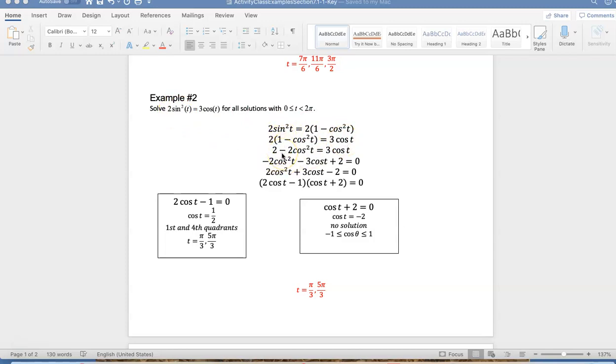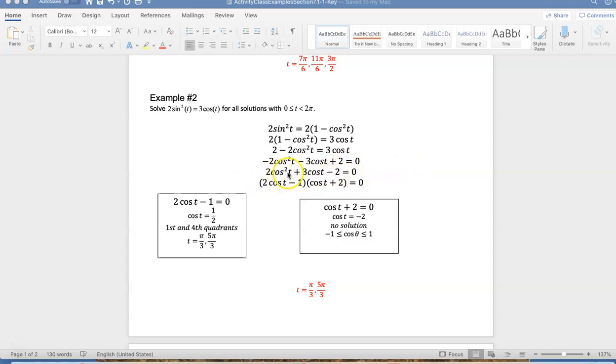Distribute the 2, 1 times 2 and 2 times cosine squared. Move the 3 cosine t over and set it equal to 0. So negative cosine squared t minus 3 cosine t plus 2 is equal to 0. Divide through by a negative. 2 cosine squared t plus 3 cosine t minus 2 equals 0.